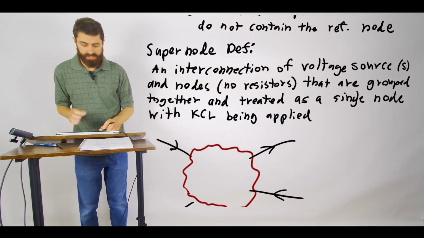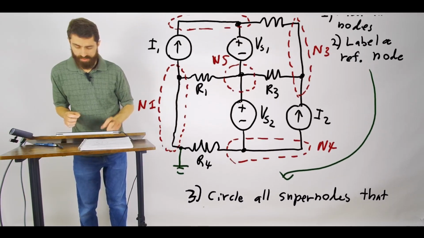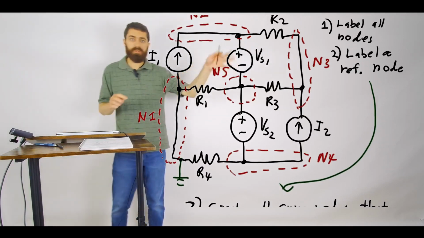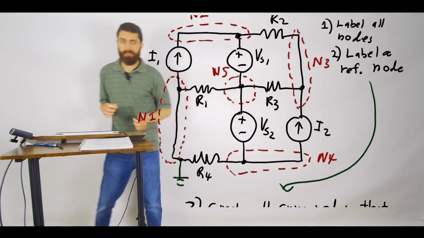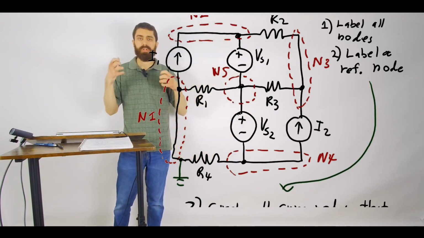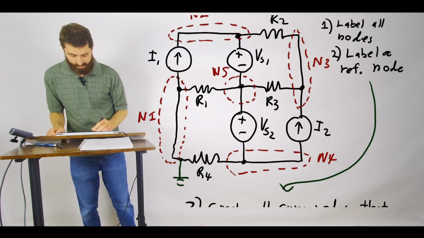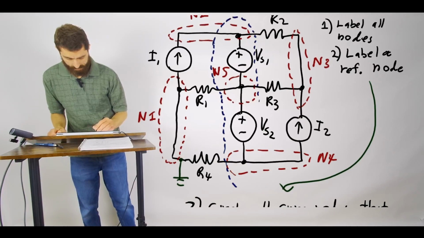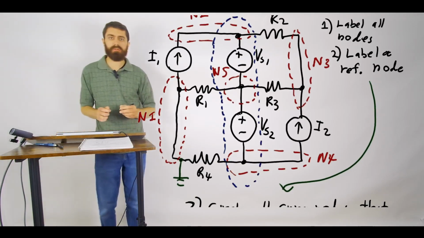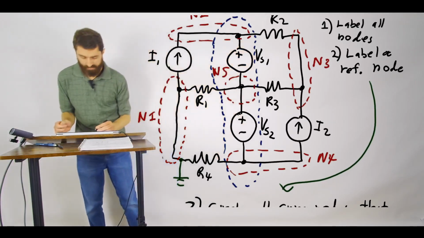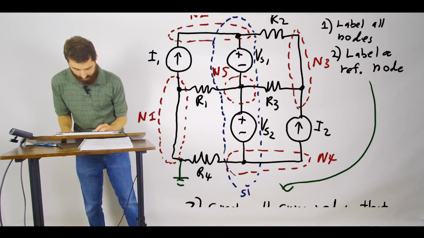So here's an example of a supernode in our circuit. Here we have two voltage sources, right? And a supernode is a grouping of an interconnection of nodes and voltage sources. So we could group these two voltage sources and call this whole thing a supernode.